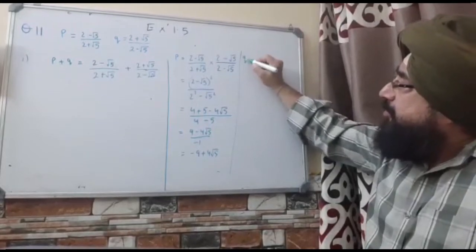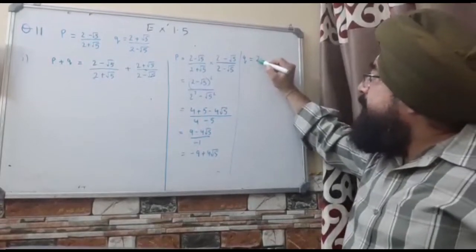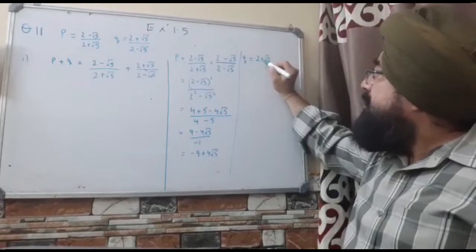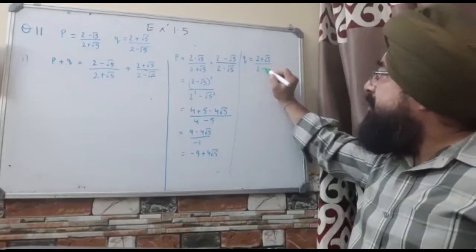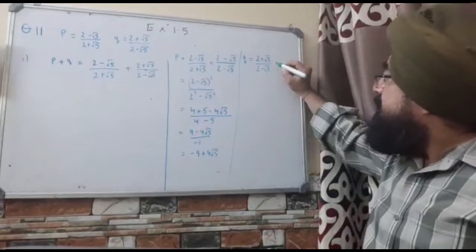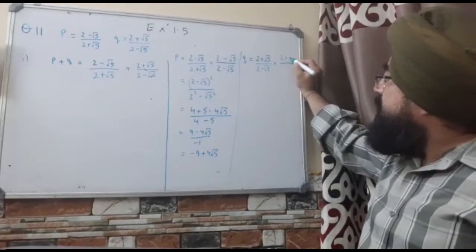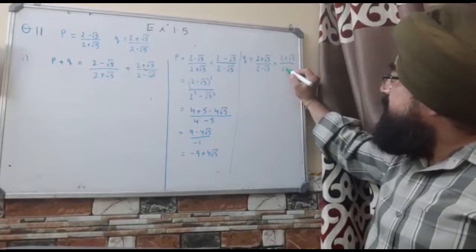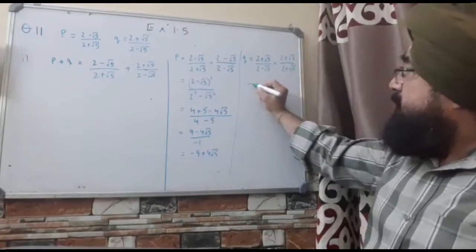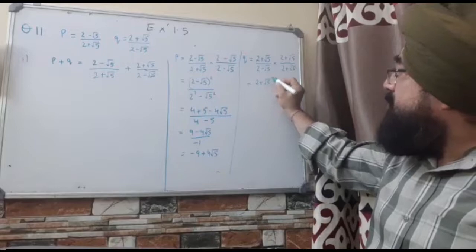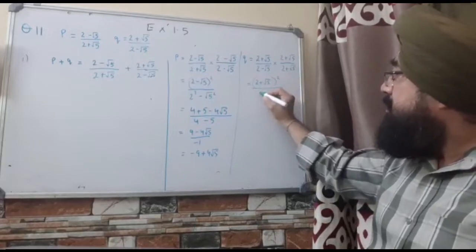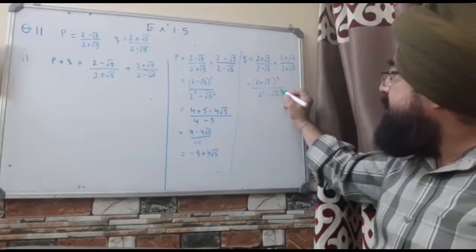For Q a similar process will happen, so you need not take the pains of telling me, because I know that you know you need to multiply with a rationalizing factor, which is (2 plus root 5) over (2 plus root 5). Therefore this will become (2 plus root 5) whole square over 2 square minus root 5 square.